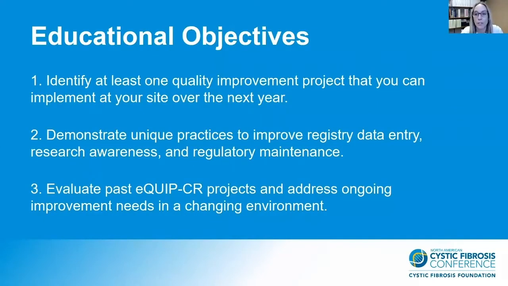Our educational objectives are for research and registry coordinators to identify at least one quality improvement project that you can implement at your site over the next year, demonstrate unique practices to improve registry data entry, research awareness, and regulatory maintenance, and to evaluate past quality improvement projects and address ongoing improvement needs in a changing environment.